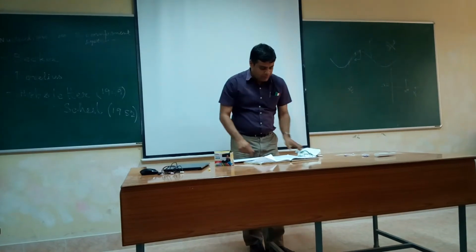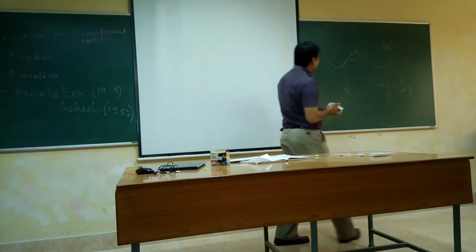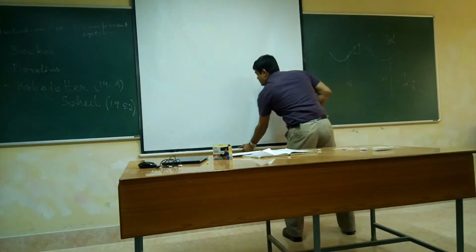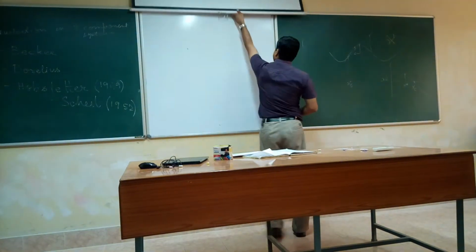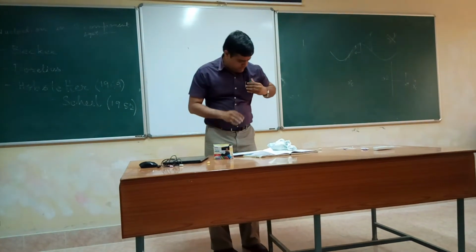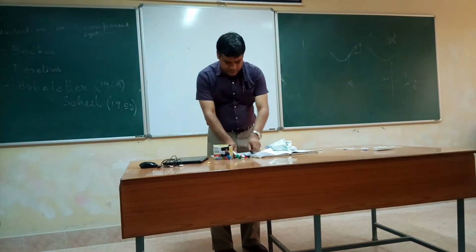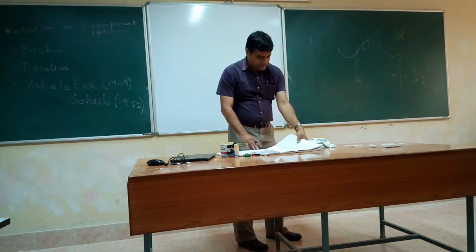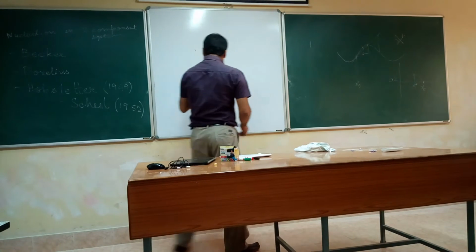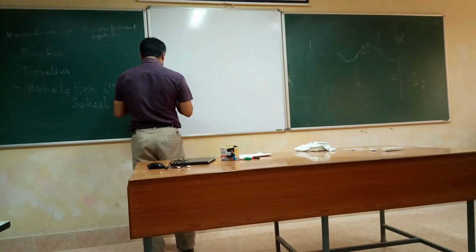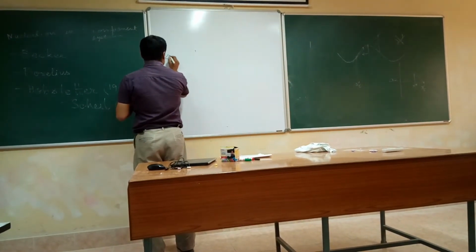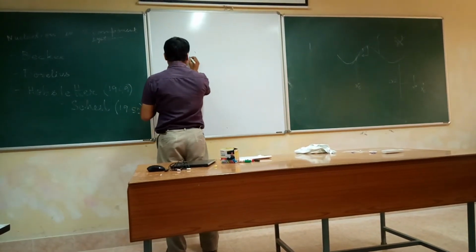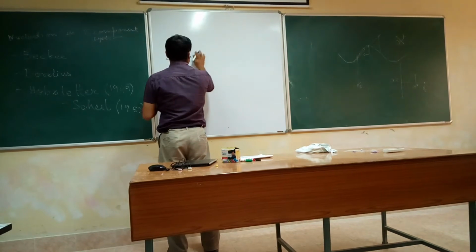So it is nothing new, they just combined. The delta G for formation of an embryo containing i atoms will be given by i multiplied by, what is the delta GB equation we got?